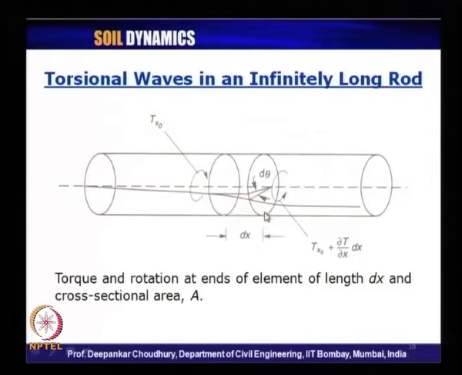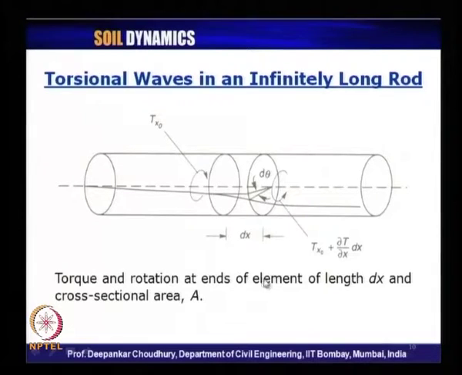We are taking a small segment within the rod of length dx, and the torque at the two ends of that element, let us say at this end the torque is in this direction T x naught, on the other end of the element due to the movement of the particle in this direction is T x naught plus del T del x into dx, when the torsional rotation of the element is given by del theta.